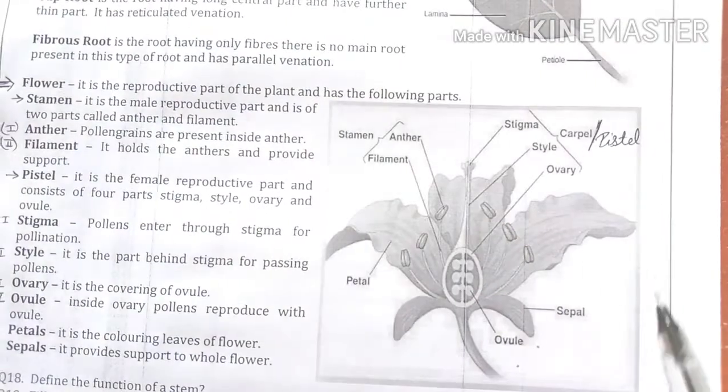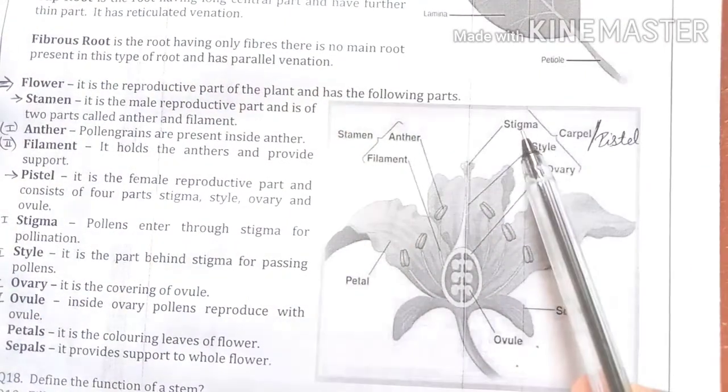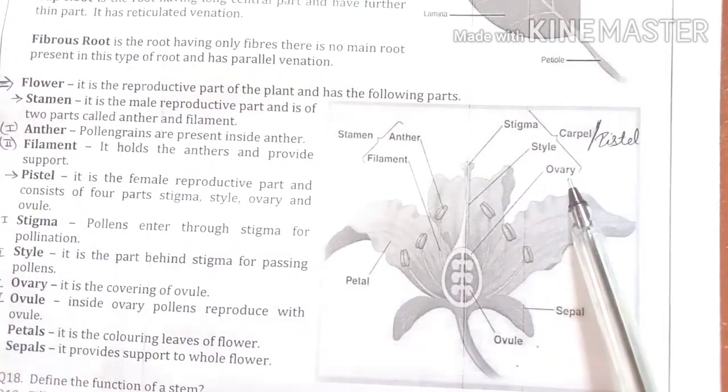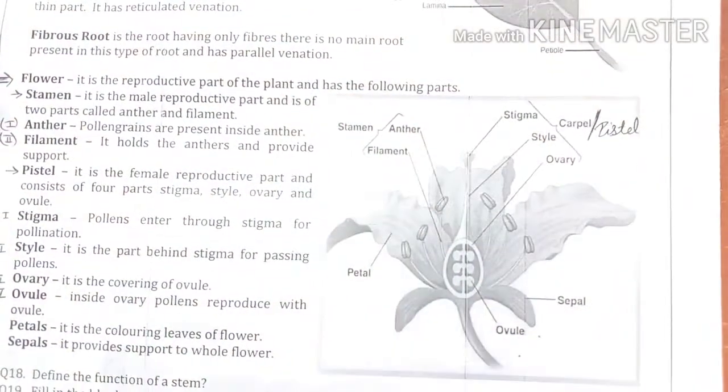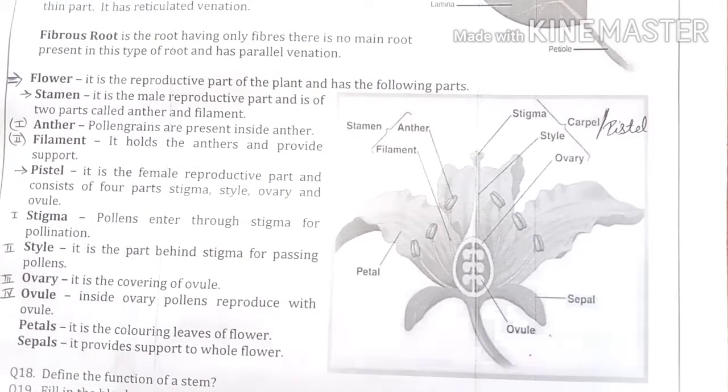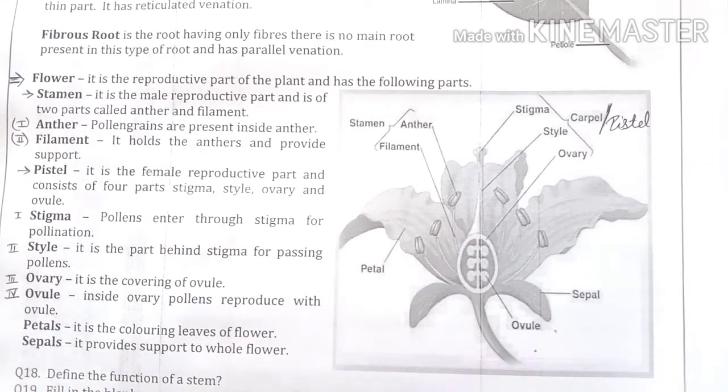These four parts are the female reproductive parts of the flower.